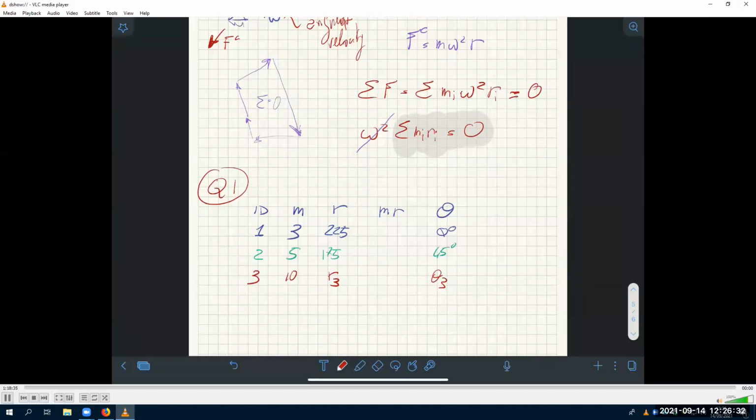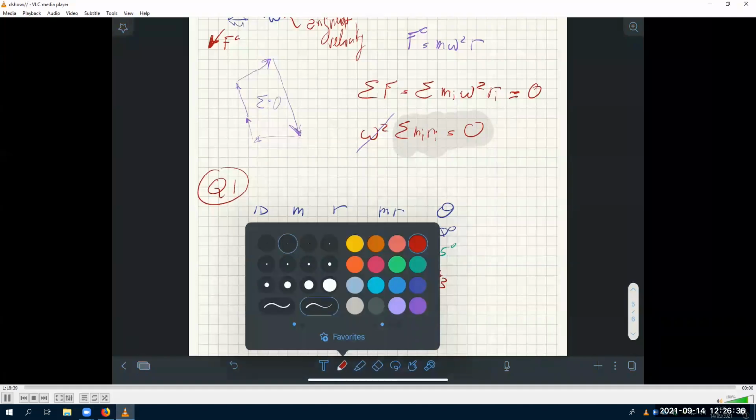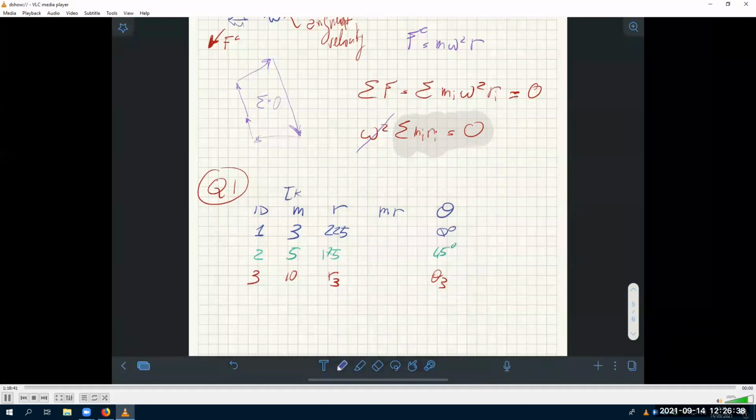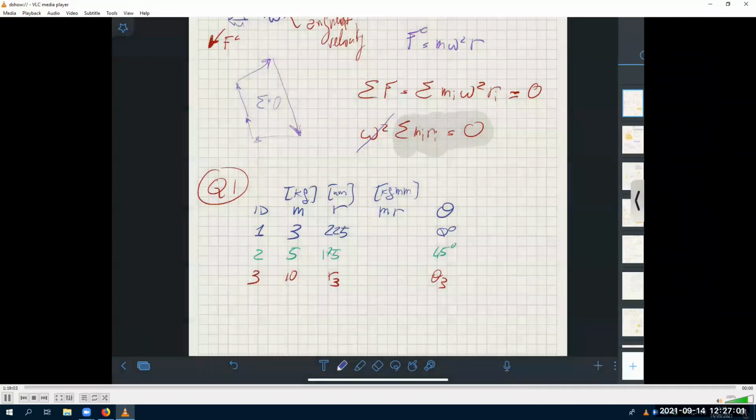So this is what I wrote down. Body 1, so mass 1, is 3 kilograms. Let's put here, very important, units. This is kilograms, this is millimeters. So what are the units of MR? Kilogram millimeters. No, you don't need to change it to meters. There is no requirement. It's fine. Let me see if I can.